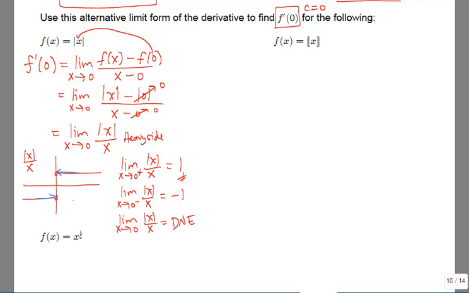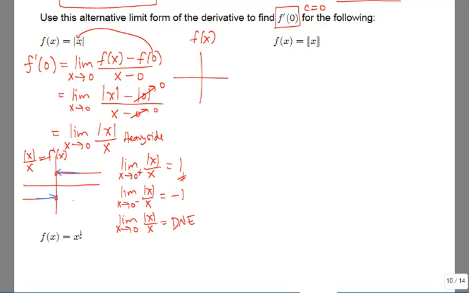Okay? So, a couple of comments here. This graph that I have here is actually the graph of the derivative function. What's the graph of the original function? You have to keep these straight. So this is actually our f prime of x. What's the graph of f of x looking like? Well, it was the absolute value function.